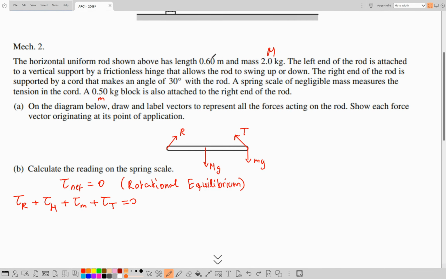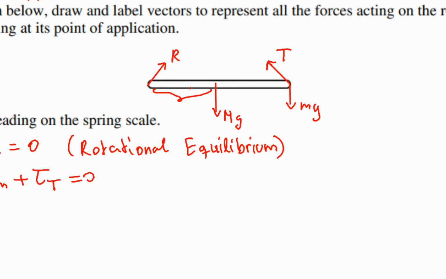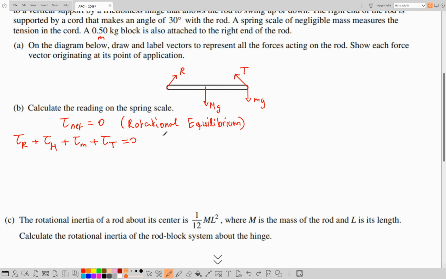Now the length of the rod is 0.6 meters. Then basically this distance would be 0.3 and this distance would be 0.6. Now directly we can eliminate the torque produced at the hinge, at the reaction, so 0 plus.